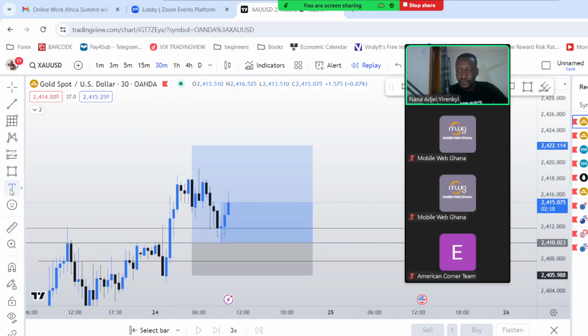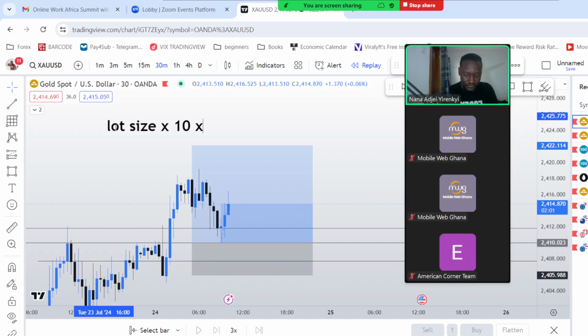We are still going to use the same formula, which works for both sides, whether to calculate the amount I'm going to lose or the amount I'm going to gain. That is the lot size multiplied by 10 multiplied by the number of pips.